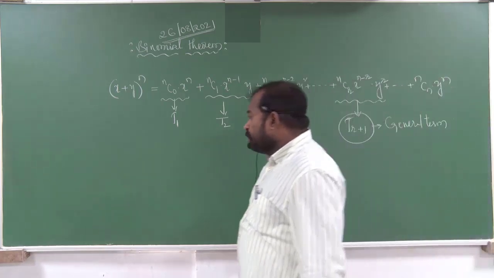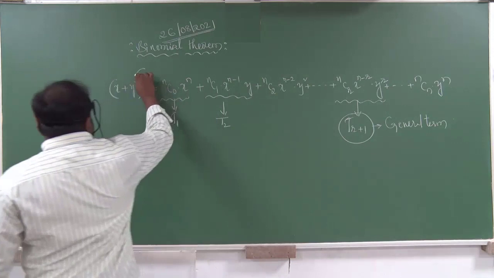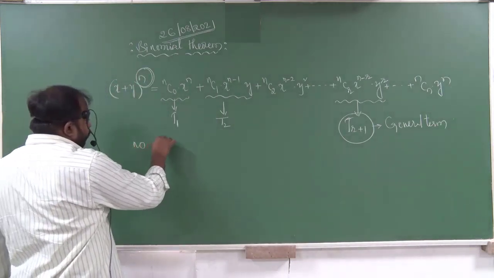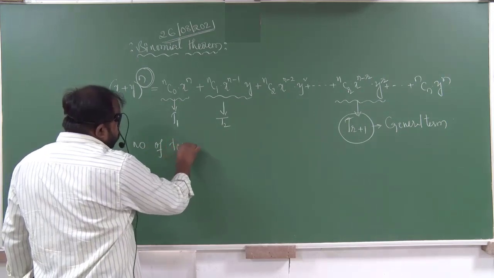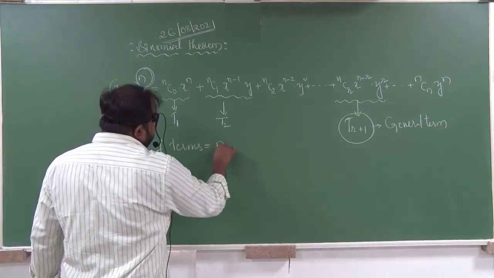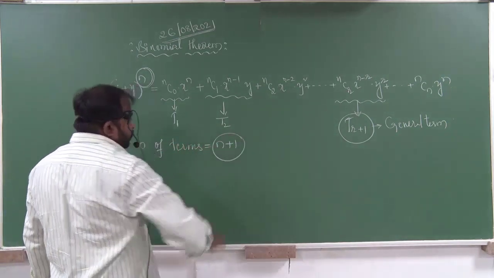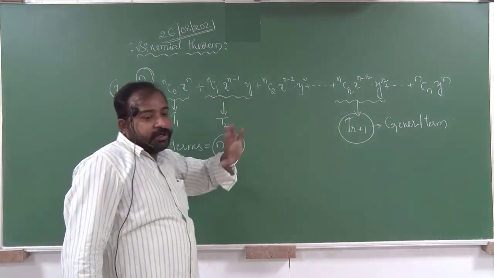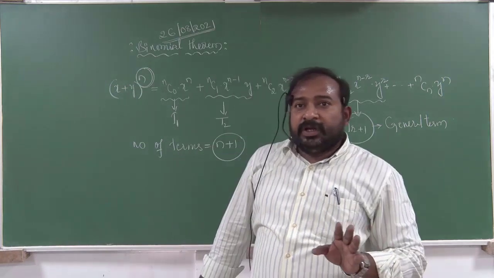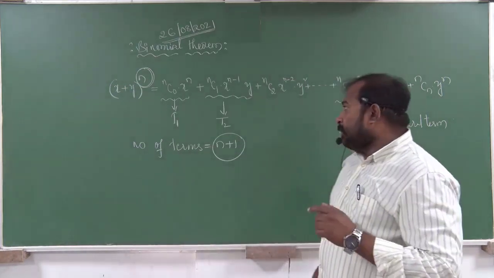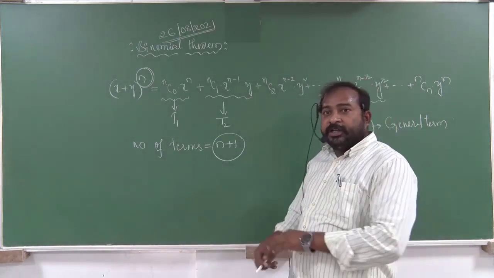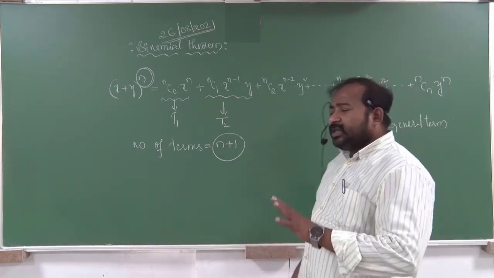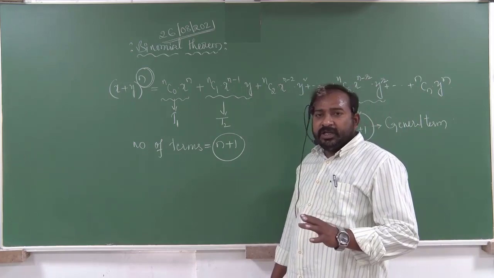And here the observations: if the power n is there, how many terms will be there? N plus 1 terms will be there. And one more observation, in each term, if you add the powers of x and the powers of y, you will get the value n. So these are the concepts we already gave.